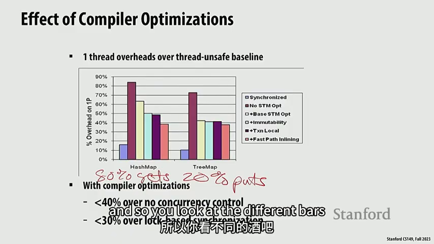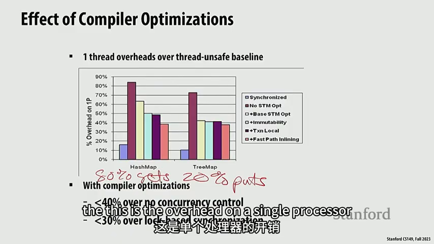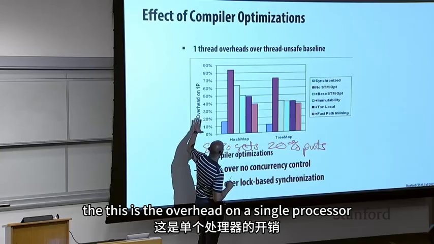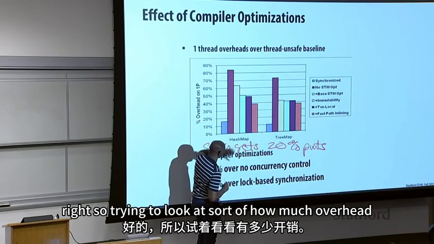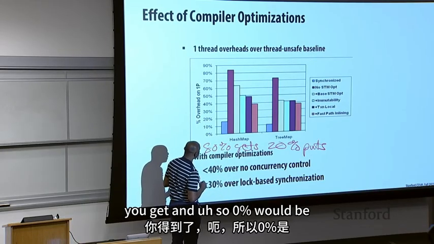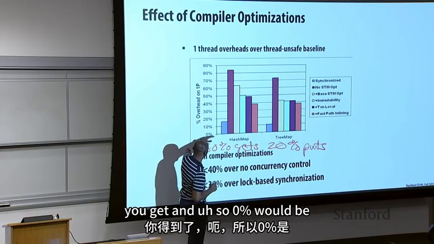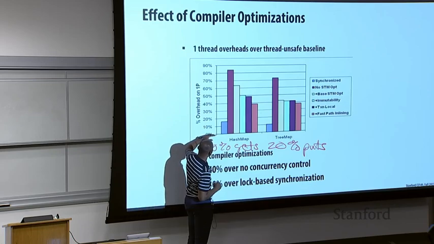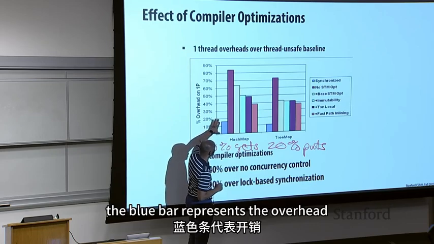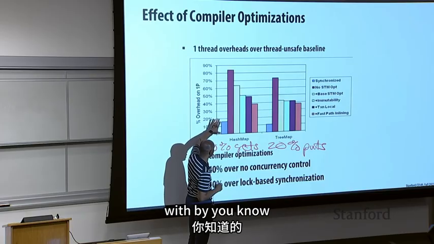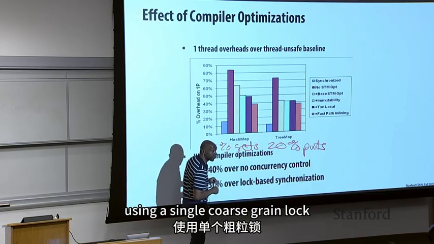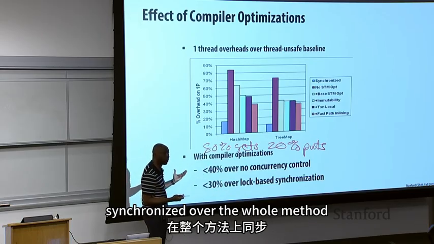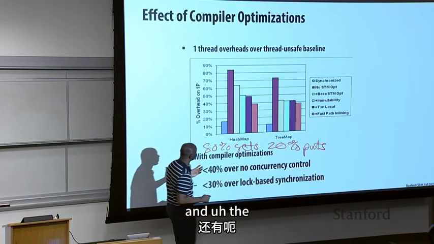And so you look at the different bars, this is the overhead on a single processor, right? So you're trying to look at how much overhead you get. And so 0% would be the non-thread safe code. The blue bar represents the overhead by using a single coarse grain lock synchronized over the whole method.